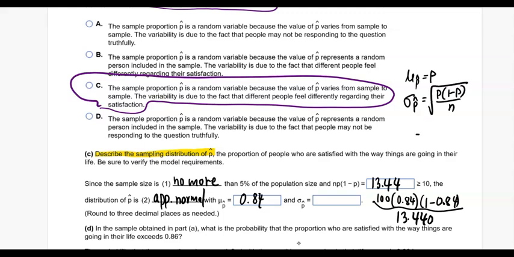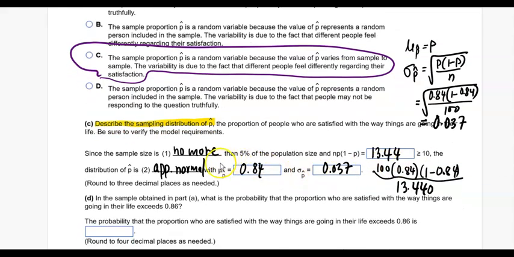If you use the formula and put in the values of p and n, 100, and simplify, you get this value, 0.037, rounded to 3 decimals. So for part C, describe means you say whether the sampling distribution of the sample proportion is normal or not, and find the mean and the standard deviation of the sampling distribution.